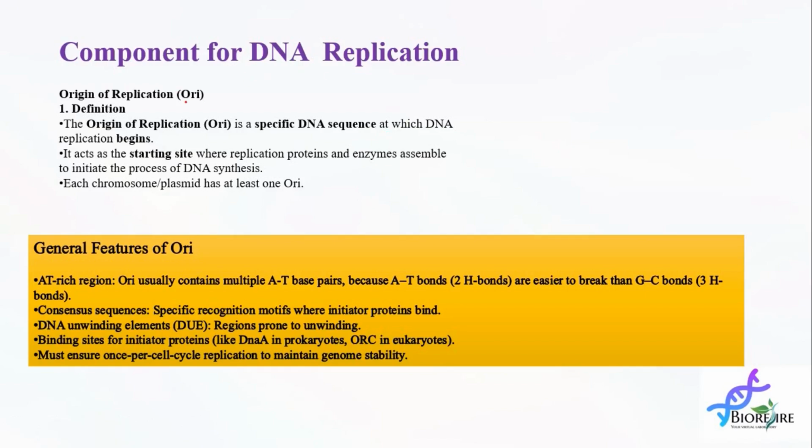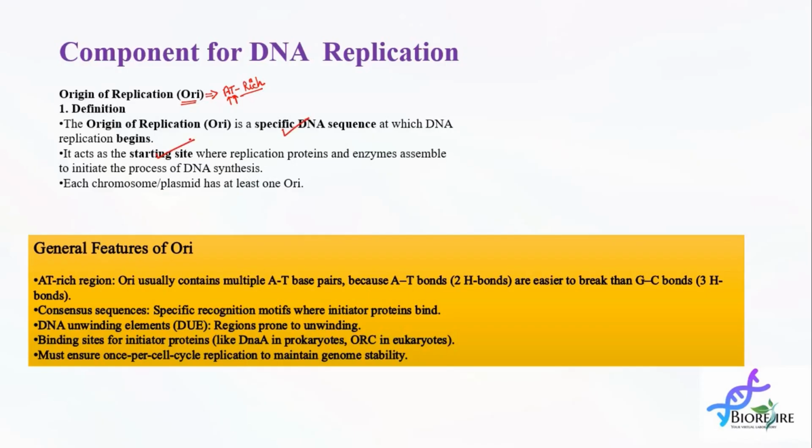First, ORI, the origin of replication. At this ORI, the replication process will start. It contains some specific sequences, and these sequences are AT rich, meaning adenine and thymine rich. It is a starting point.